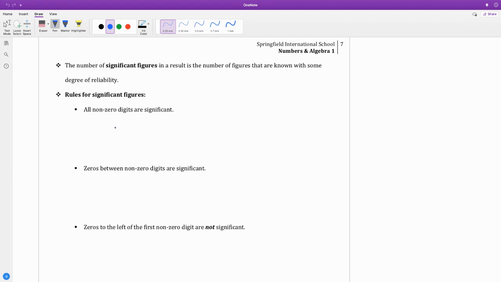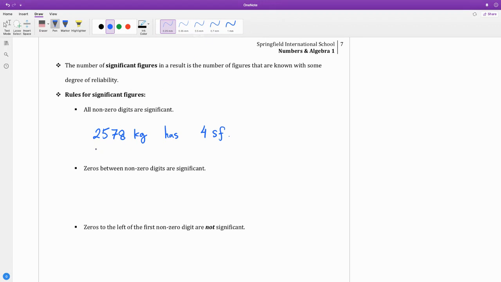For example, we have 2,578 kilograms. This has 4 significant figures.